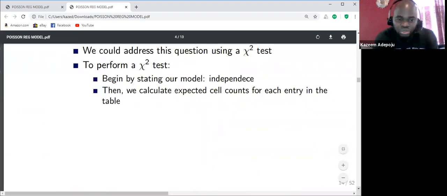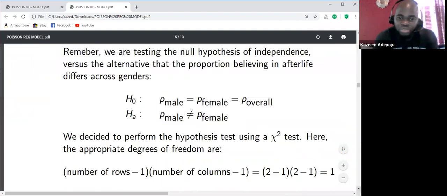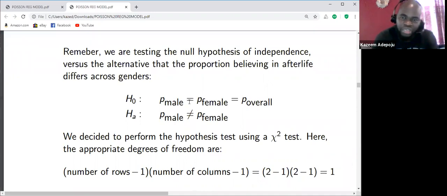When we fail to reject, it means that male and female have the same perception regarding the belief in afterlife.